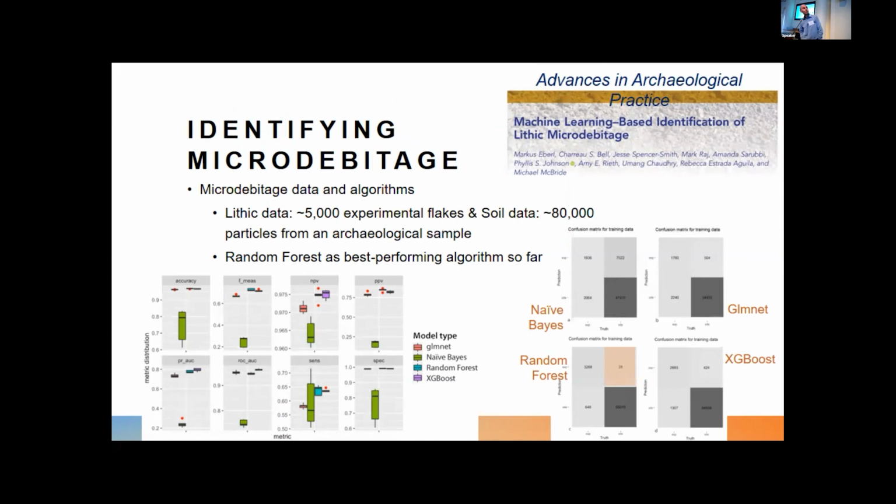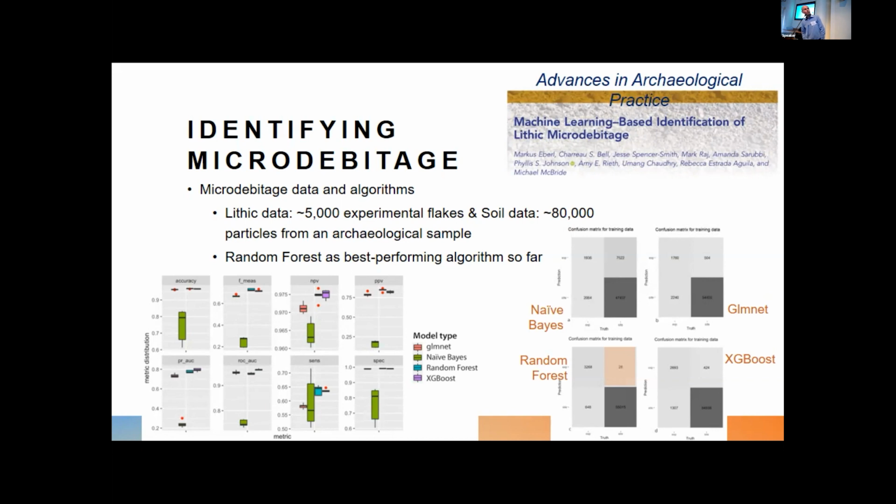So I can share a few results where, in this specific case, we used the software's spreadsheet output. We used a very limited sample, as I now realize, of about 5,000 data points and 80,000 soil data points. And we compared 4 different machine learning algorithms: naive Bayes, glmnet, random forest, and XGBoost.